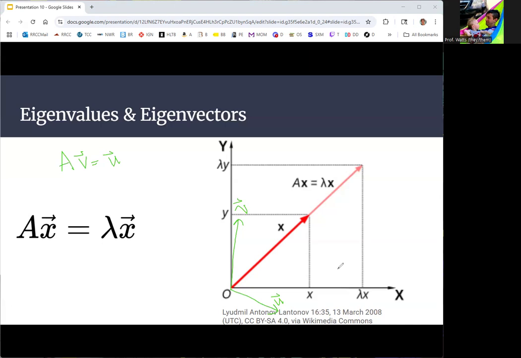So if it turns into a vector that's twice as long, then the eigenvalue is 2. When we say same direction, this does extend along a line, so a vector pointing in the opposite direction would still indicate an eigenvector, and then you have a negative eigenvalue, right?